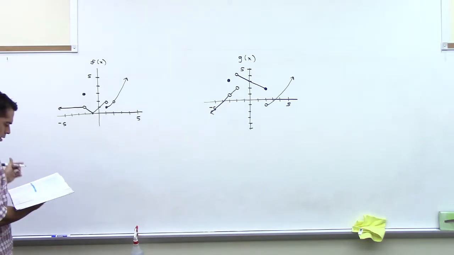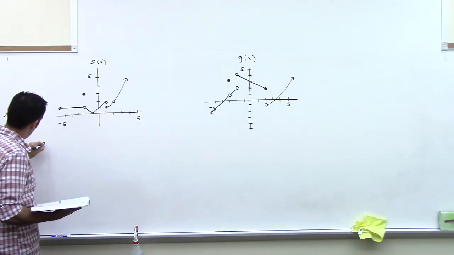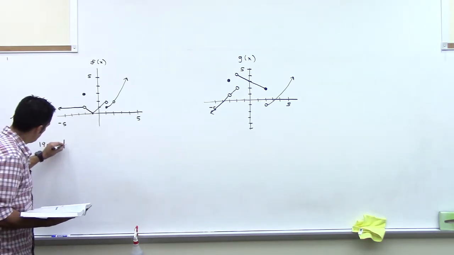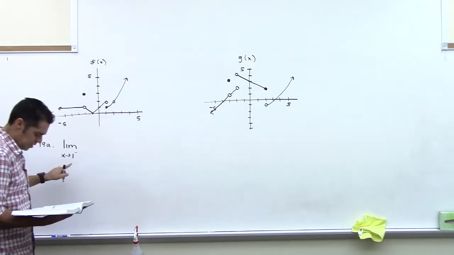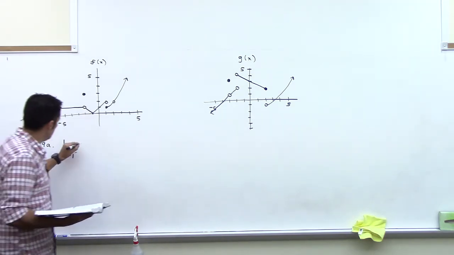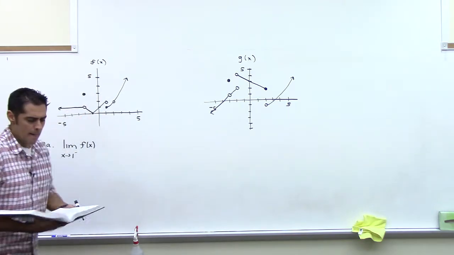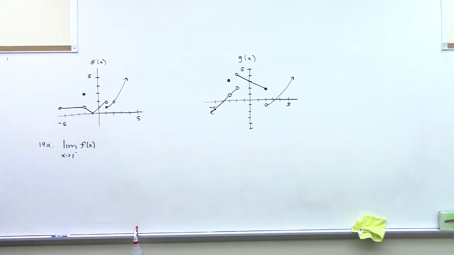For 19 part A, we are asked to find the limit as x approaches 1 from the left side, that's what the little negative sign is, of this function f of x. So here's the function, and we're going to approach 1 from the left.